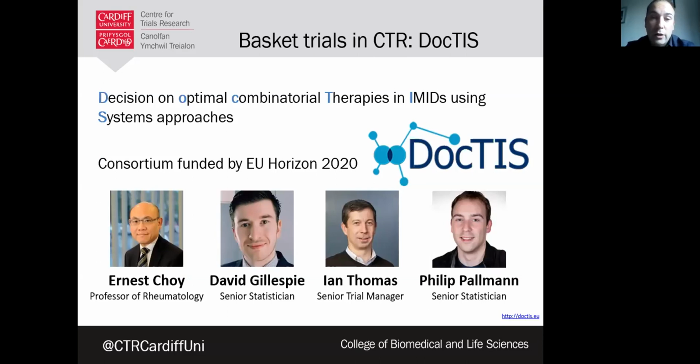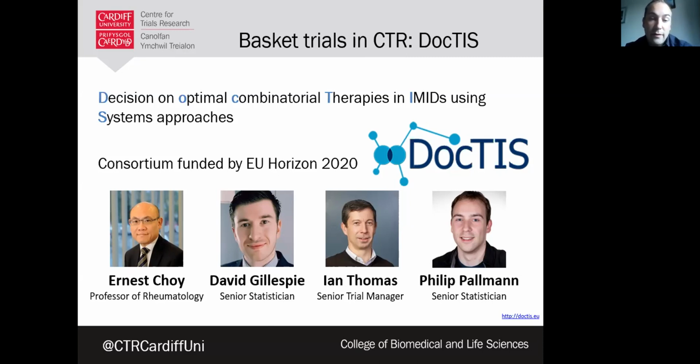This trial is called DocTIS, Decision on Optimal Combinatorial Therapies in IMIDs. I'll tell you what IMIDs are in a minute, using systems approach. This is a European consortium project funded by the EU Horizon 2020 program, and it includes a work package for a clinical trial that will start in early 2022.